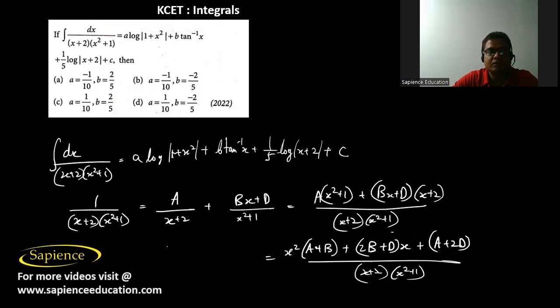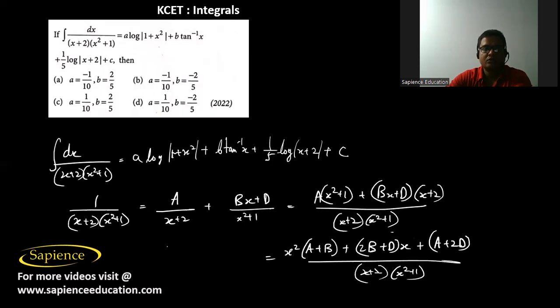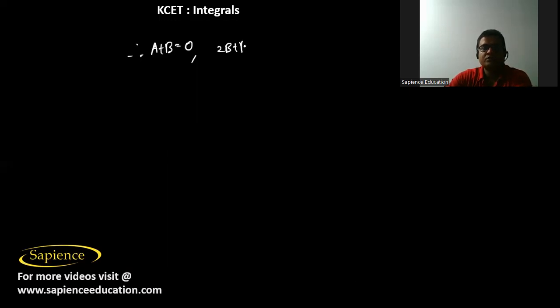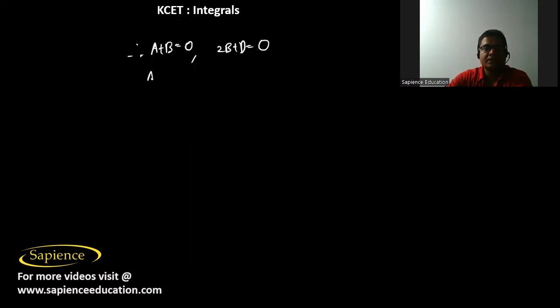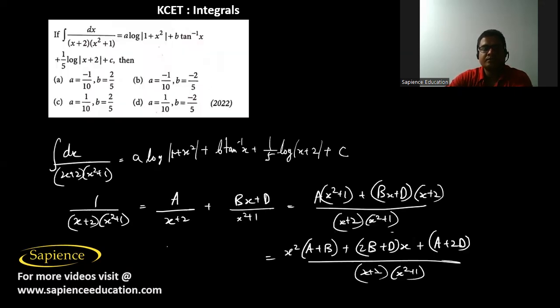So therefore if we compare, then this is 1, so it means that a plus b should be equal to 0, and 2b plus d should be equal to 0, since there is no coefficient of x here, and a plus 2d should be equal to 1.